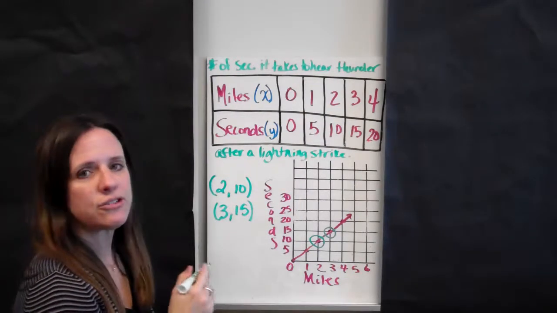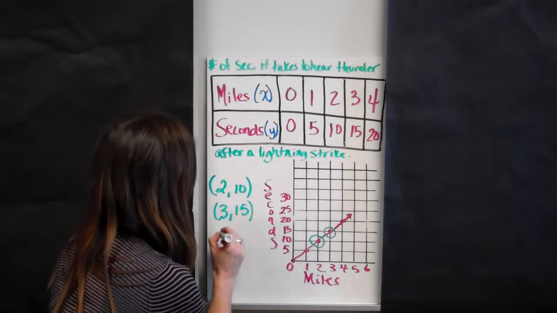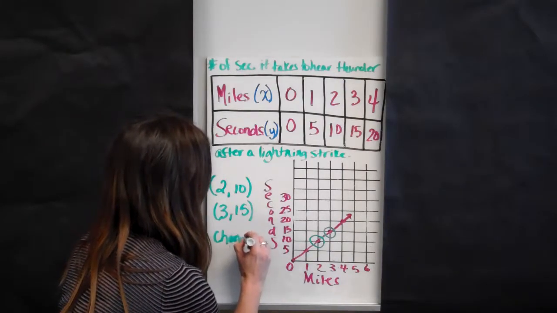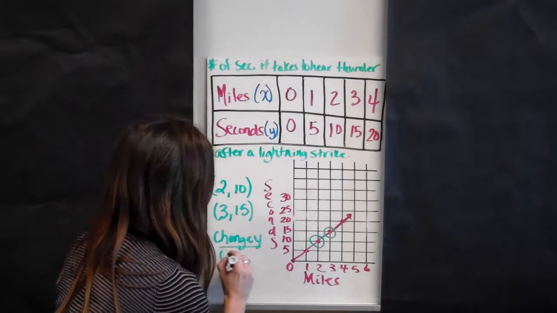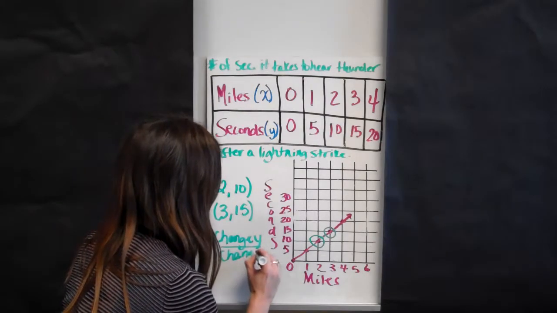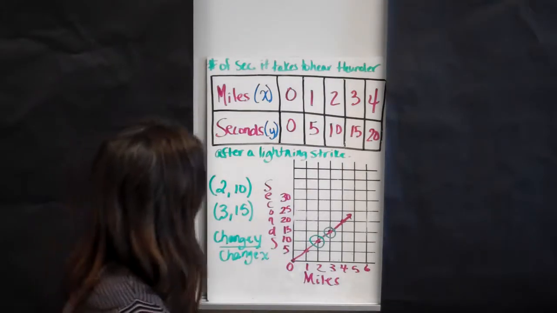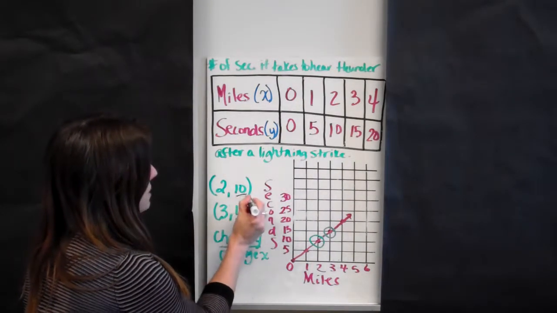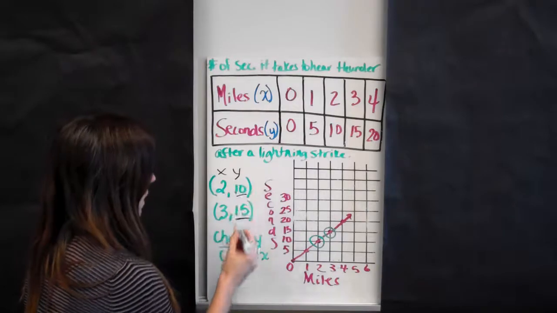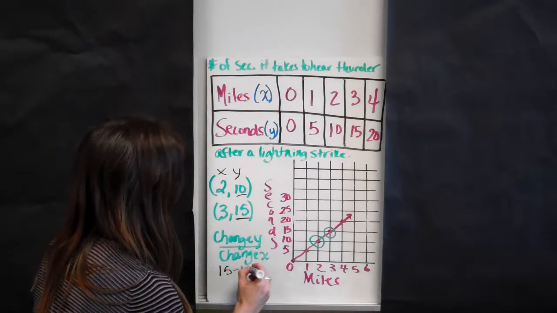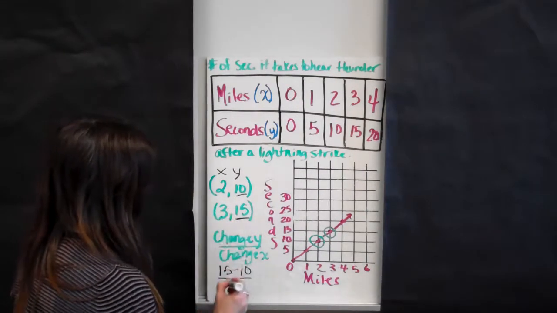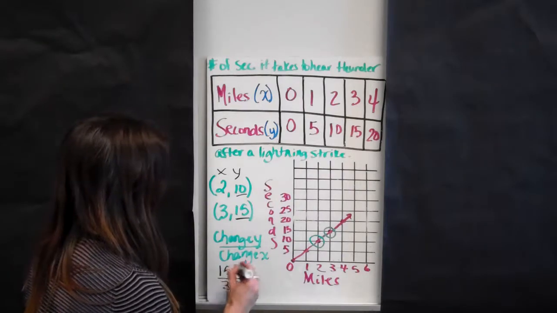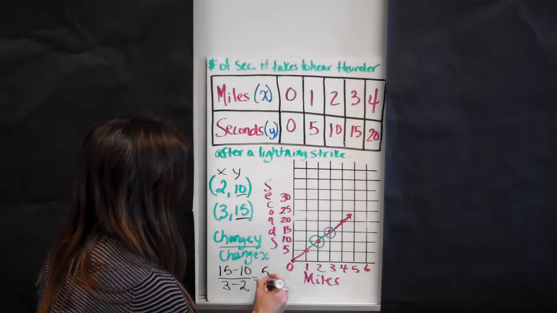It becomes change in y over change in x, and I'm going to write that. We're going to take the y values first and subtract. Those come second in our ordered pairs. We're going to do 15 minus 10 over 3 minus 2. 15 minus 10 is 5. 3 minus 2 is 1.